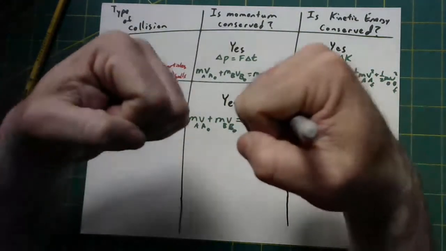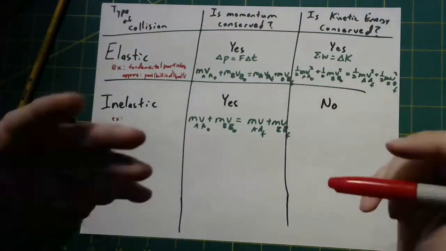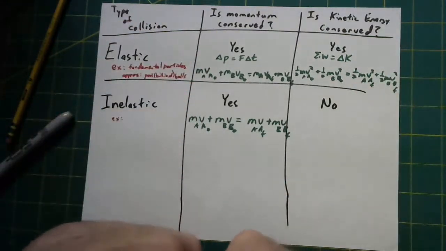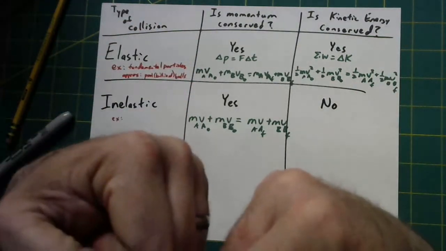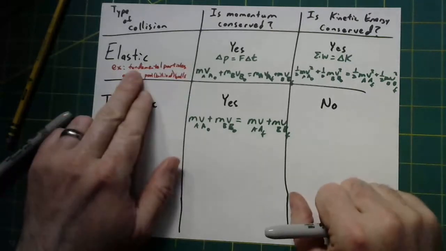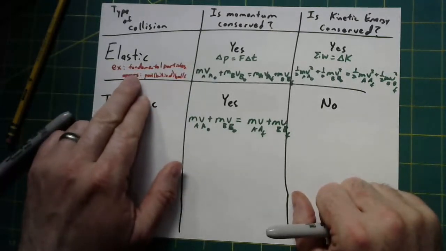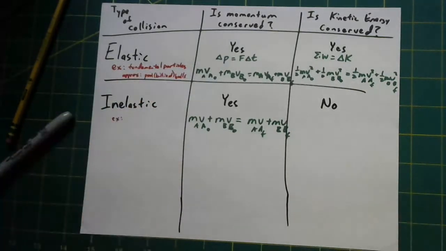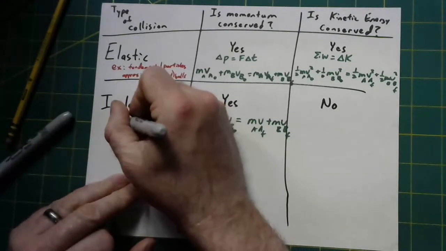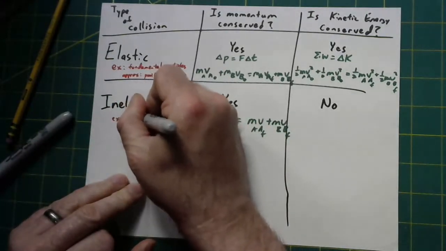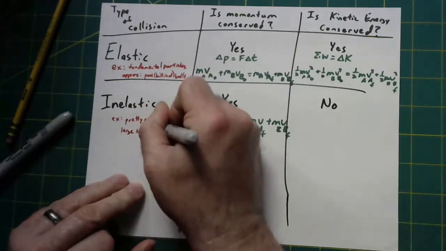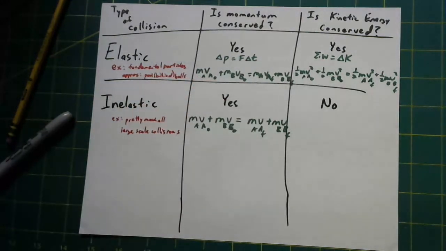So they're coming in and they interact and come apart. That's a collision, even though they don't actually physically touch. And in those collisions, you can have it be pretty darn elastic, and so we could probably approximate those as elastic. But otherwise, pretty much all collisions on the large scale are going to be inelastic.